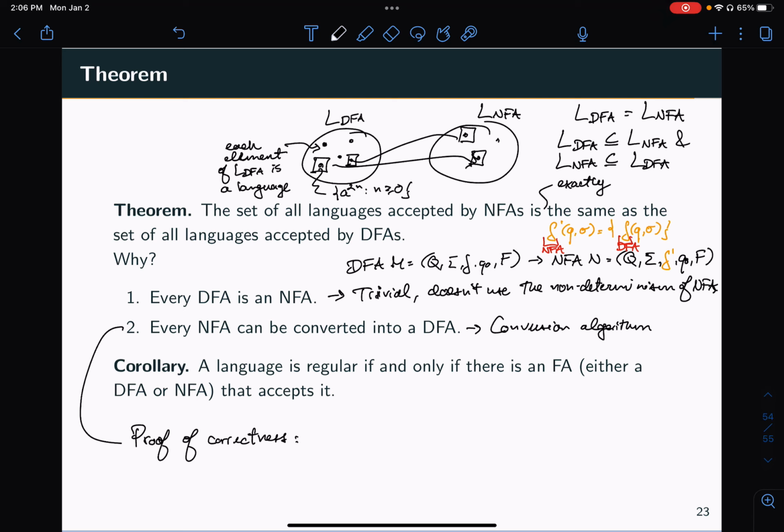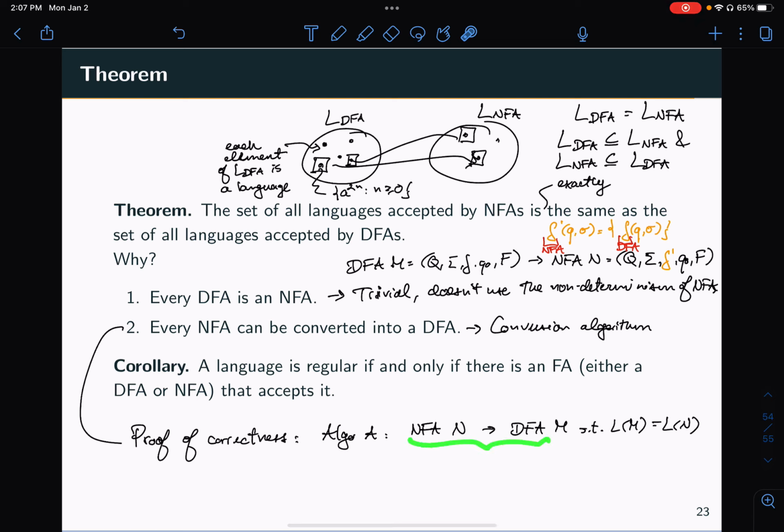The proof of correctness would go something like this: I'm claiming I have some algorithm A, which takes an NFA N and converts it to a DFA M such that L(M) is equal to L(N), right? There are two parts to the claim of what the algorithm does. The first thing is that it does a conversion, and the other thing is that the conversion preserves something, okay?